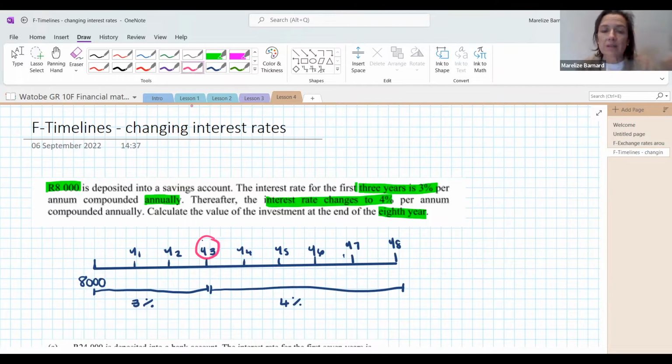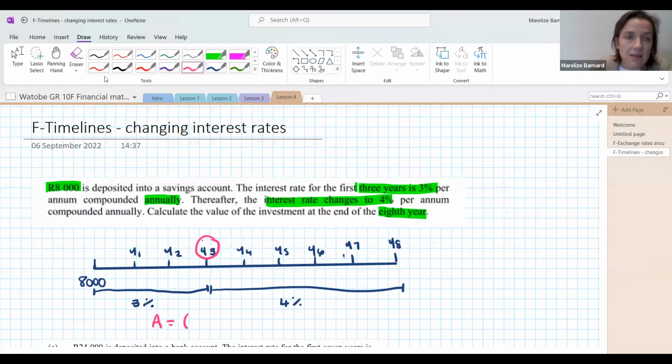And then because the money's grown and it's increased in value, we need to take that amount that we have at the point of 3 years and now work out compound interest on it for the remainder of the time at 4%.